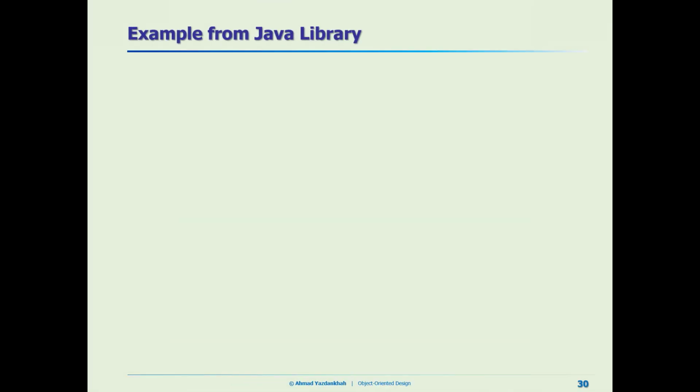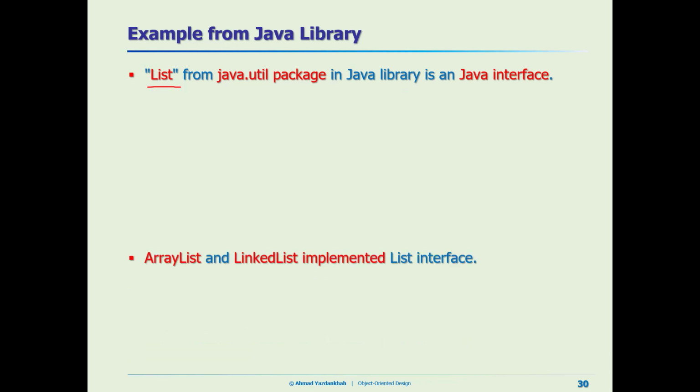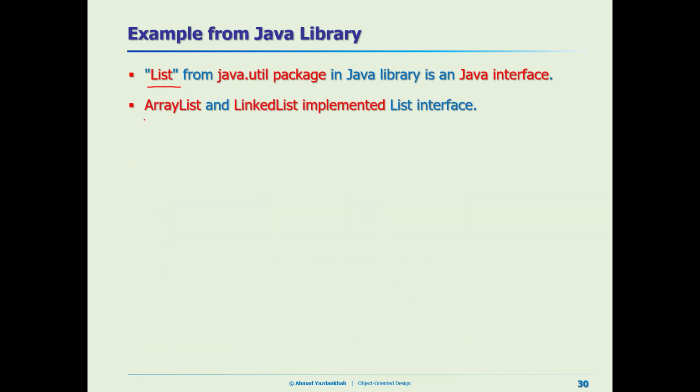Okay, now let me take an example from the Java library. In the Java library, List is an interface, all right? And you are also familiar with ArrayList and LinkedList, right?